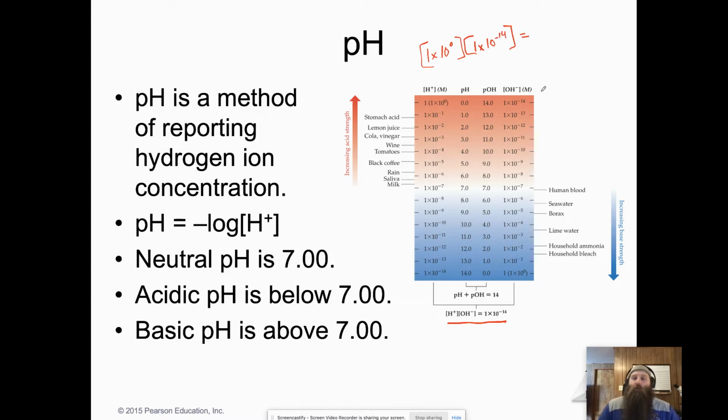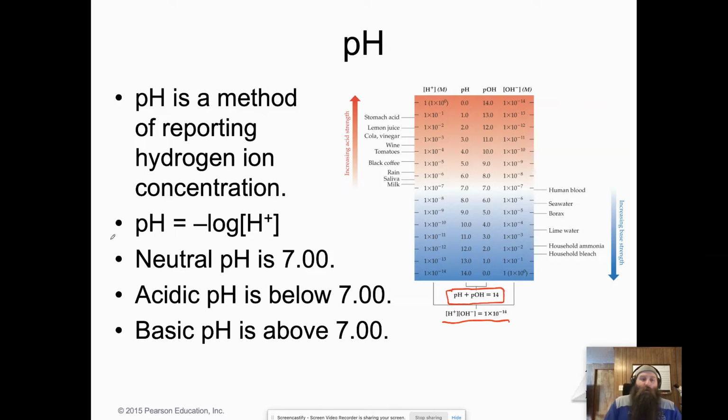In this case, when you multiply exponents, you add. So I get 1 times 10 to the negative 14th. And that's what I have to get. So that is a really, really useful piece of information. If you know the concentrations and you multiply them, you will get 1 times 10 to the negative 14th. If you have the pH and the pOH and you sum them, you will get 14.